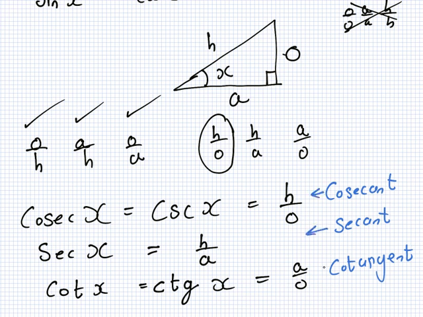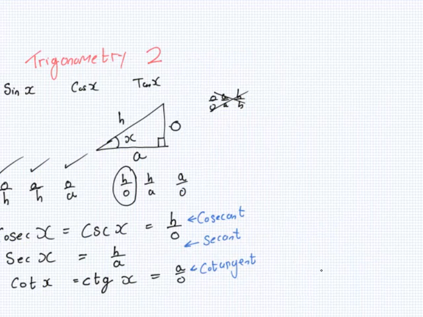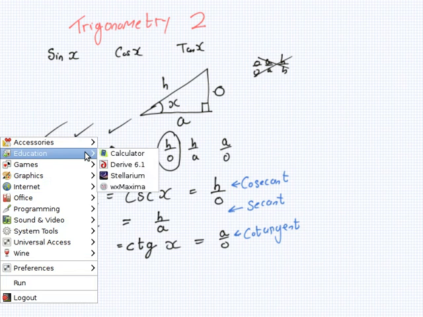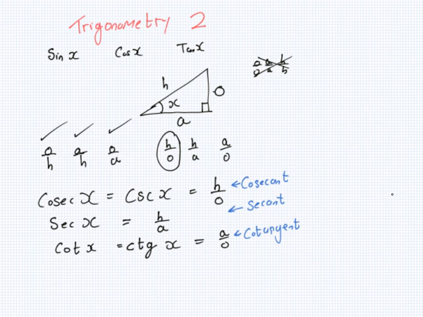Okay, so if you can write those down. The first one is cosec. Cosec or cosecant, yeah. You got that?